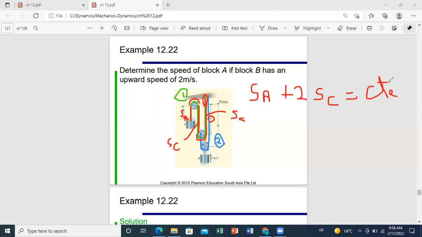Now, I move to my second chord. The first part is this one. What is this length here, between this point and this one? This is SB minus SC. Yes, this is the difference between S of B and S of C. So this distance is SB minus SC.